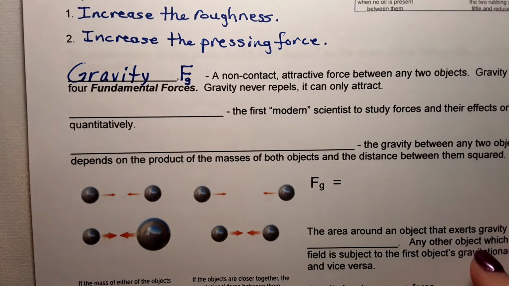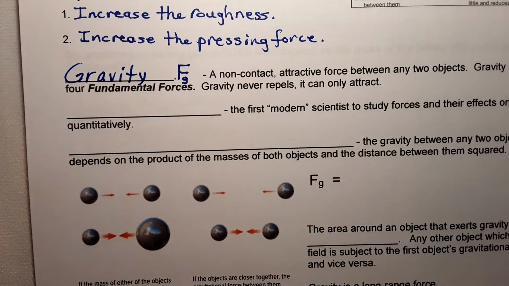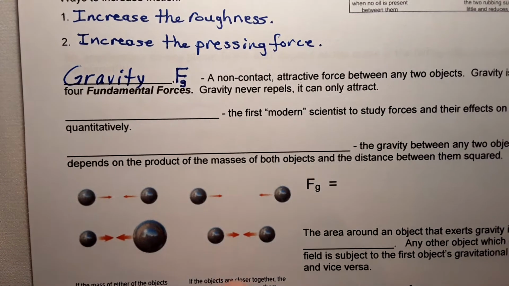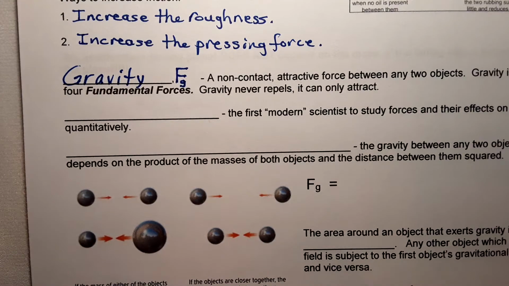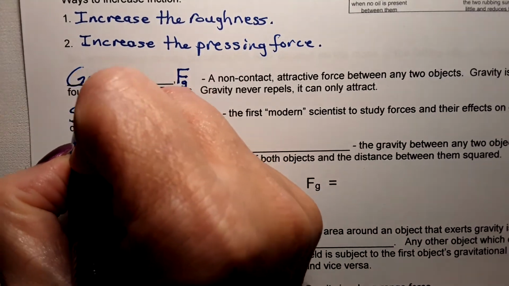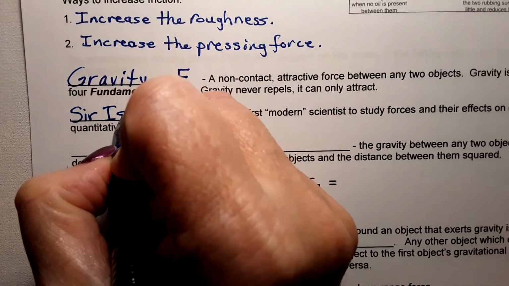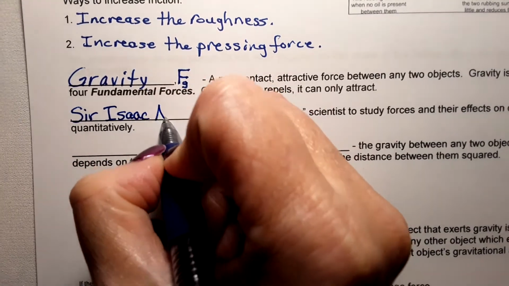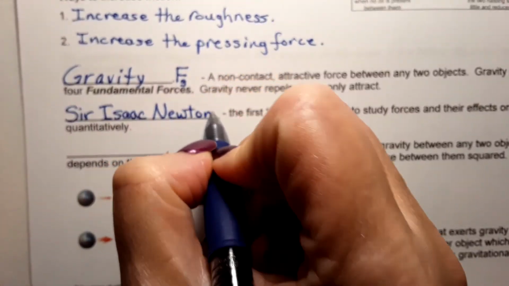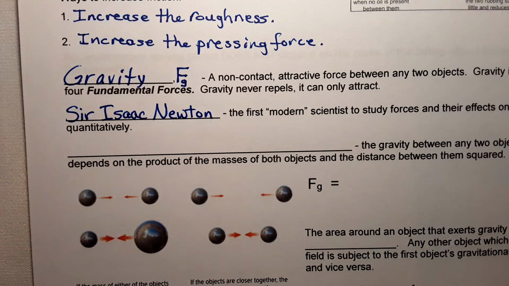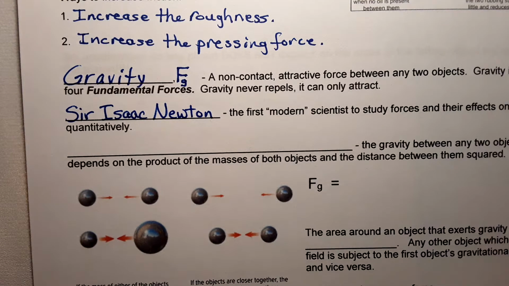Now, the first modern scientist to study the effects of gravity and other forces on motion was Sir Isaac Newton. Of course he was English, and he actually in one night determined what gravity depends on.